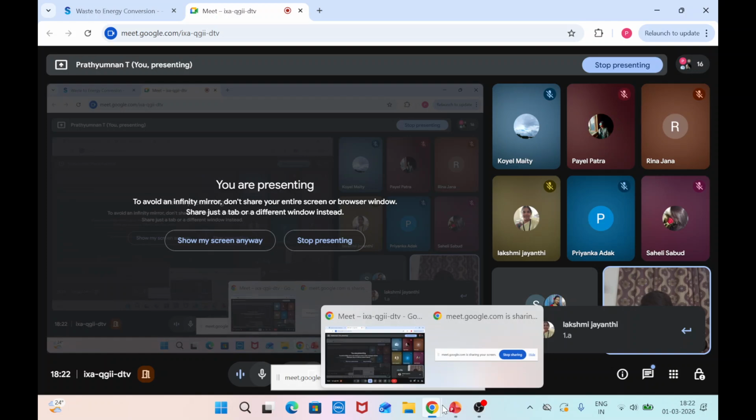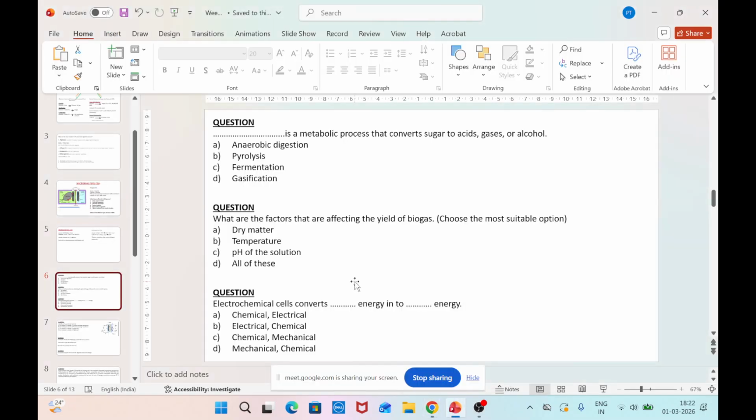A. Anaerobic digestion. Okay. But what about fermentation? Pyrolysis and gasification may not be the answer because there you do not convert the sugars to acids or alcohol.